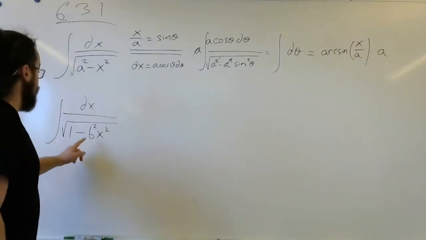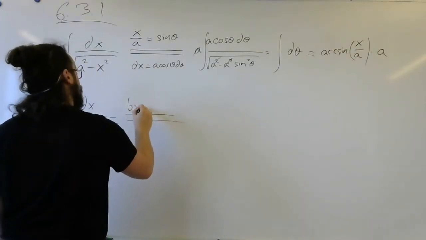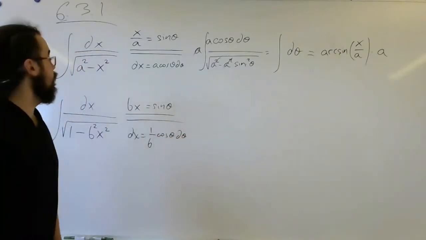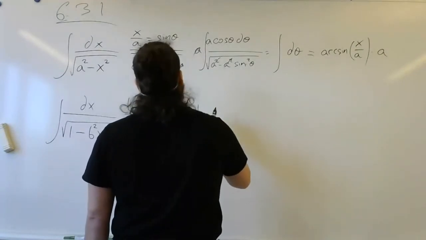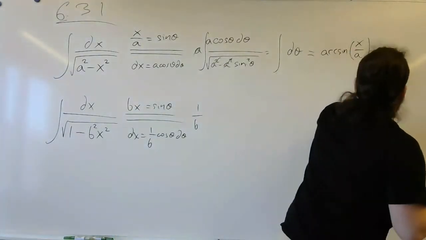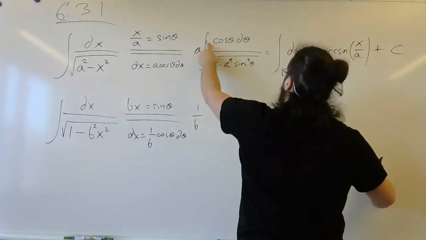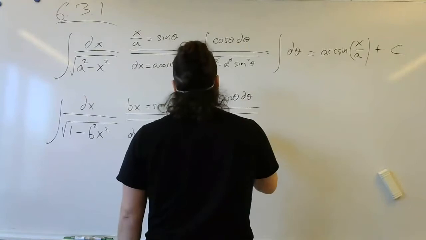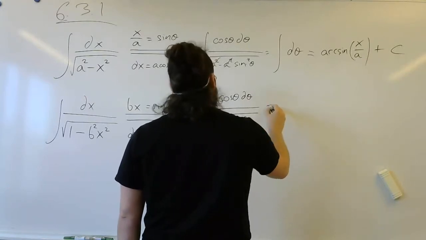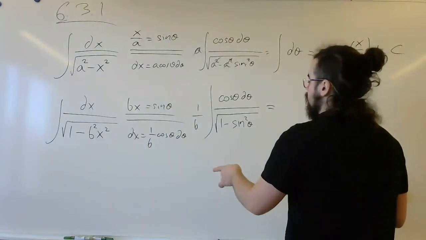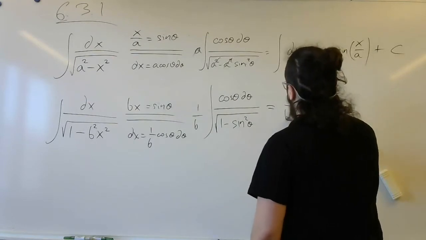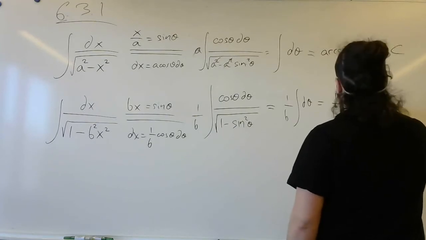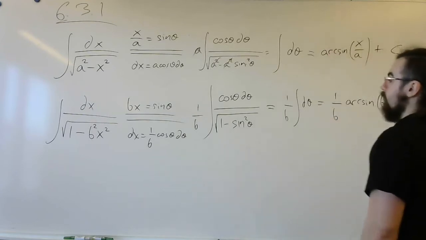However, if you find yourself in this other way, if the coefficient is multiplying the x, and this is basically the integral that we had done previously. And you get something like that.